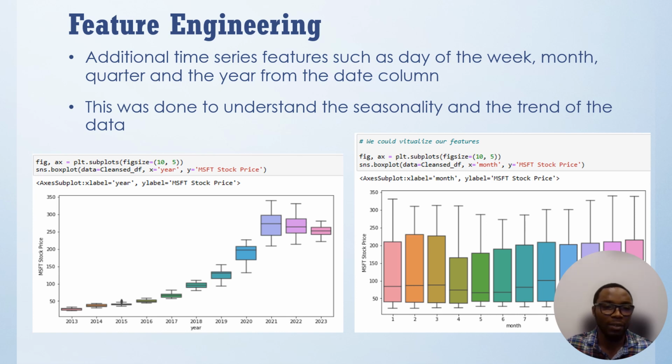So we look at where the year starts in the data set. We see the price of Microsoft stock is very low, and as the years go, so does the price. We also look at the different months of the year.